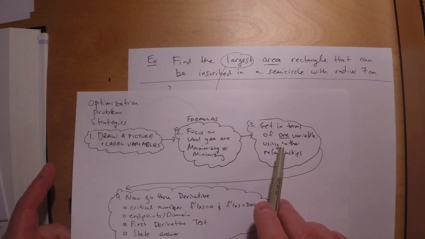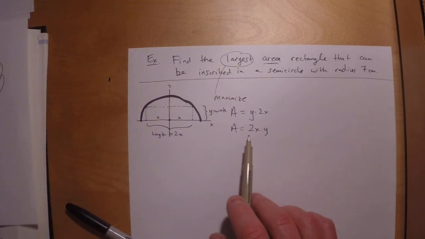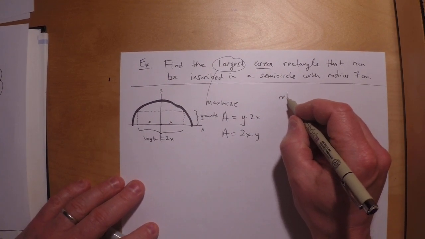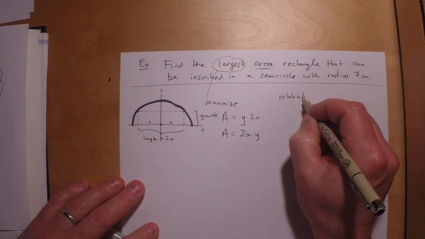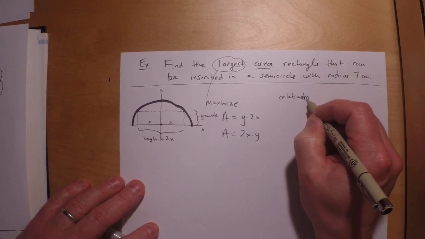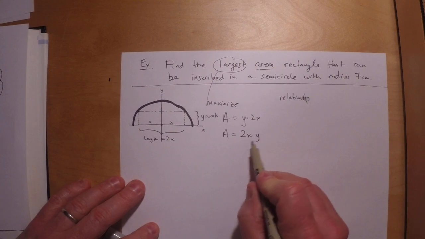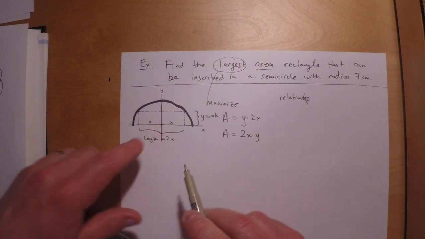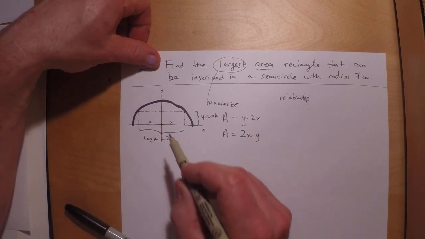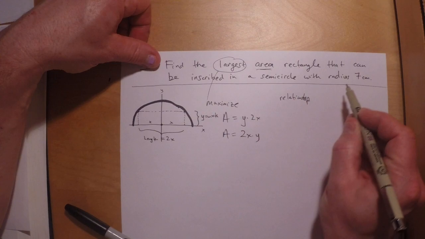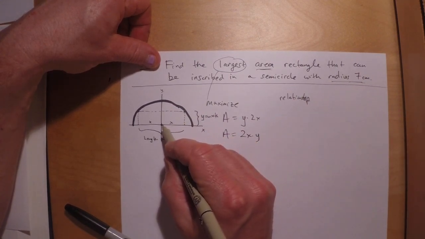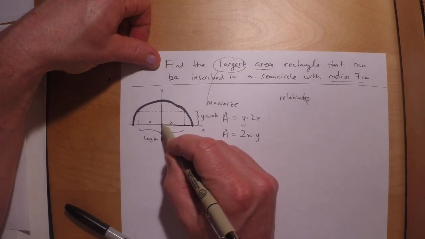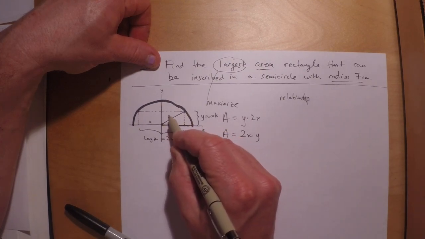Now I need to get this in terms of one variable, and the trouble is I have two variables. So this is always the fun part. I need to find a relationship within that picture that can take the x or the y out of this. So as I look at this picture, one thing that I might see, and this might take some time, I have to play, I know that this has a radius of 7, and the radius is either here, which doesn't really help me because that's not really on the rectangle, but this is also the radius.